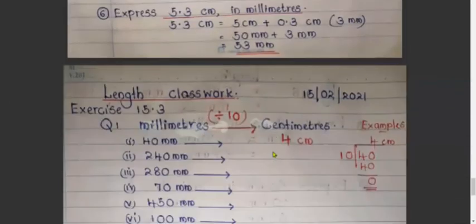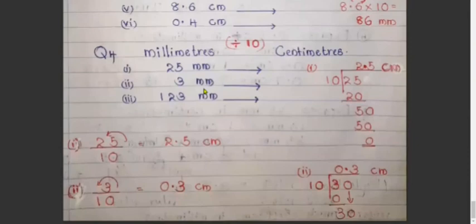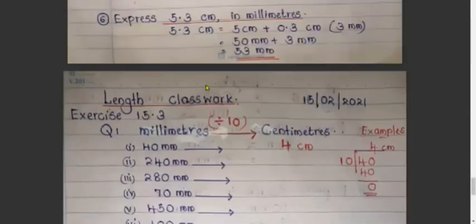I have given classwork. This is your classwork. I will explain the first question again. 40 millimeters, write in centimeters. 40 divided by 10. 10 times 4 is 40.